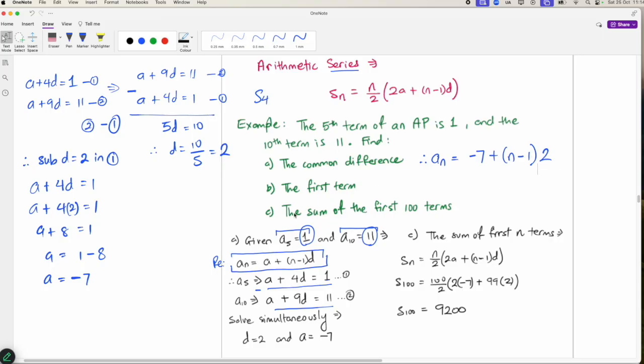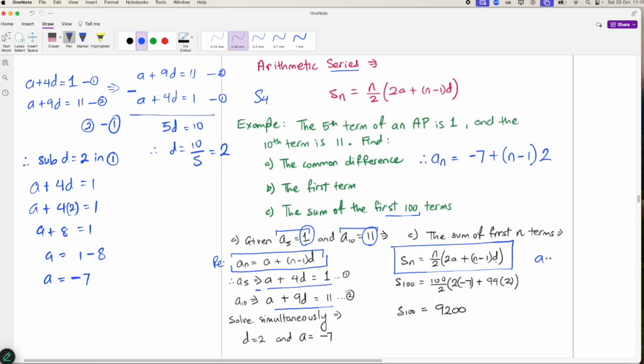And now they're asking me to find the sum of the first 100 terms. Well, I will use my summation formula. And of course, you just plug in n is 100. You plug in your A is negative 7, and you plug in your common difference, which is 2.